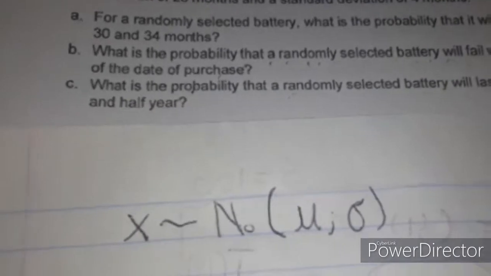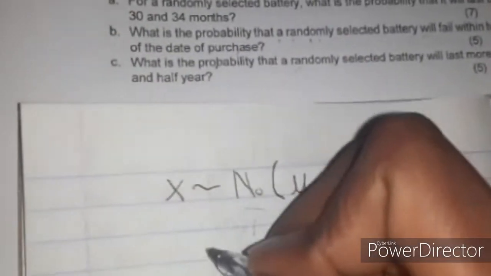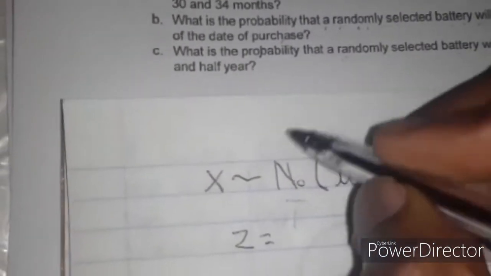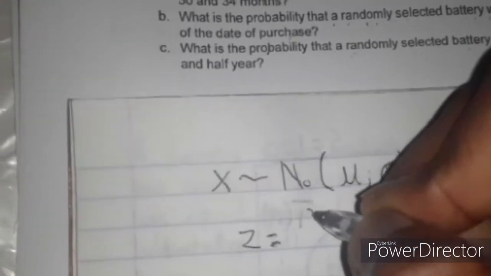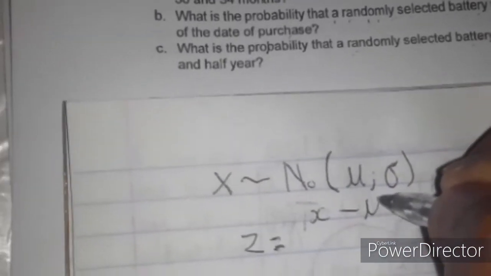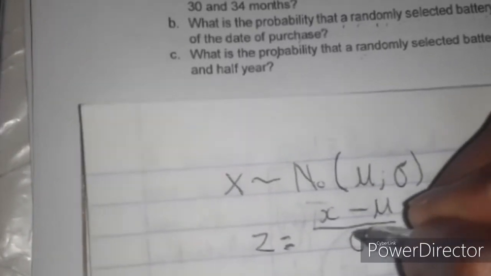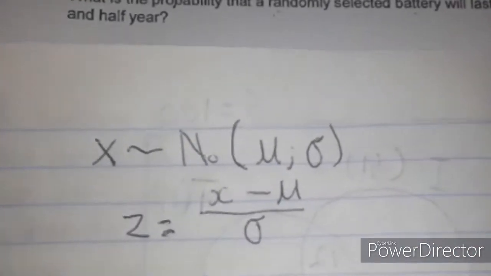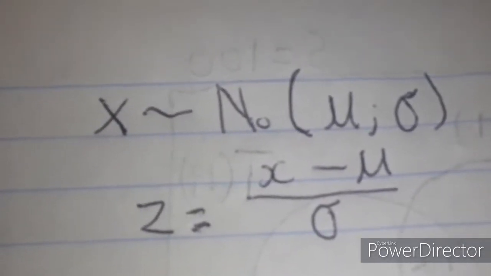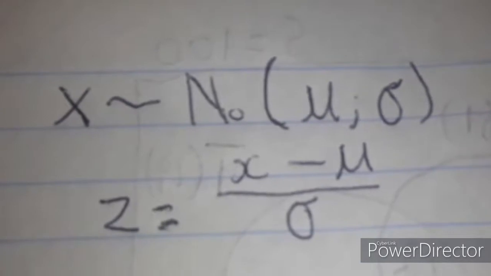Now, the formula of normal distribution is Z is equal to X minus mu over the standard deviation. Mu is the mean.